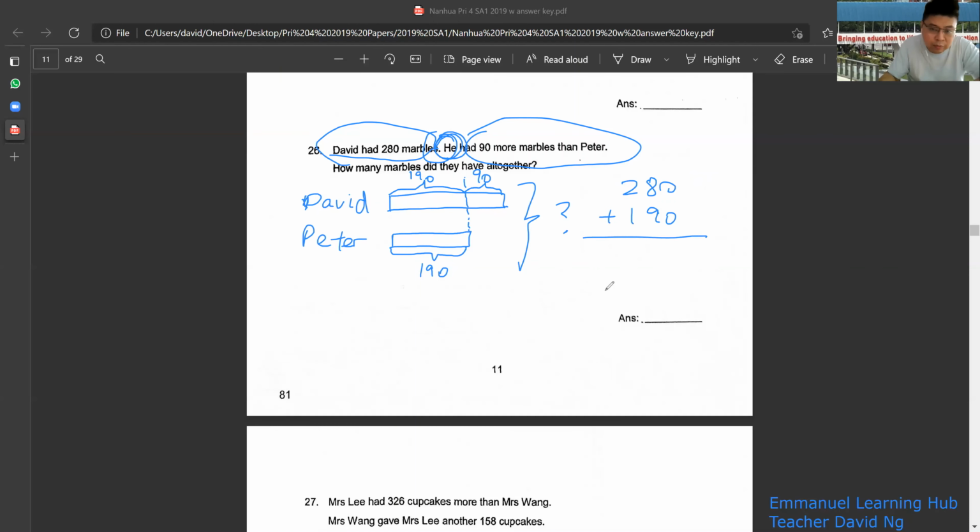What's the answer? No, not 390. What is 8 plus 9? 17.